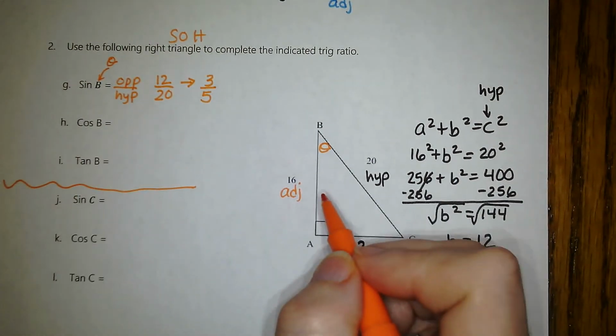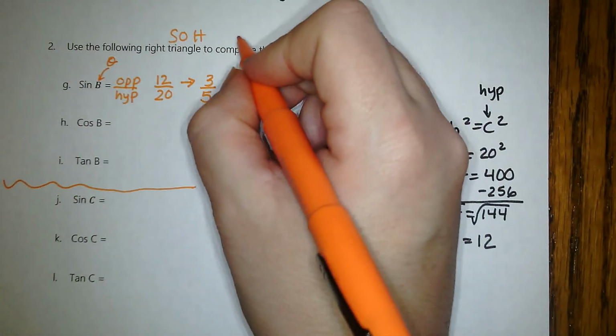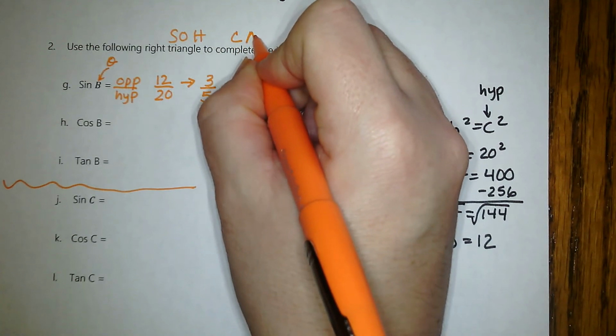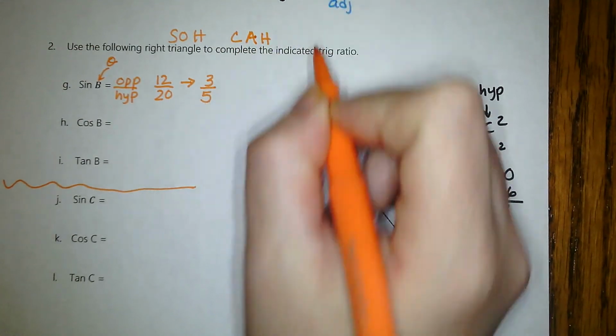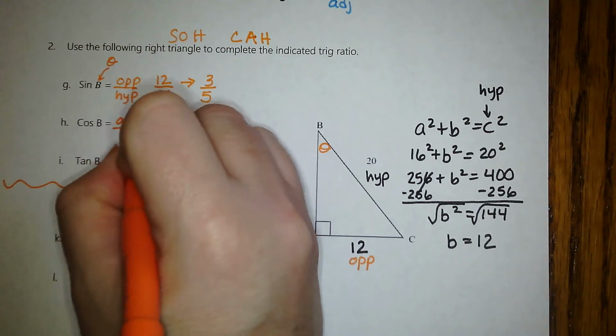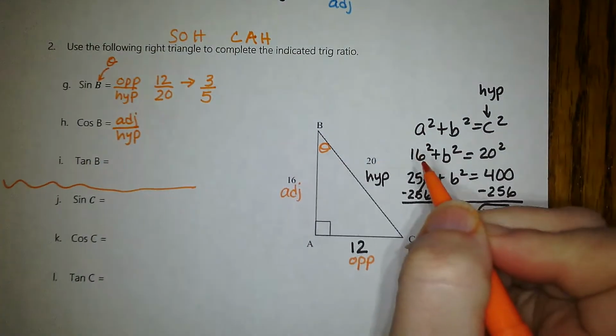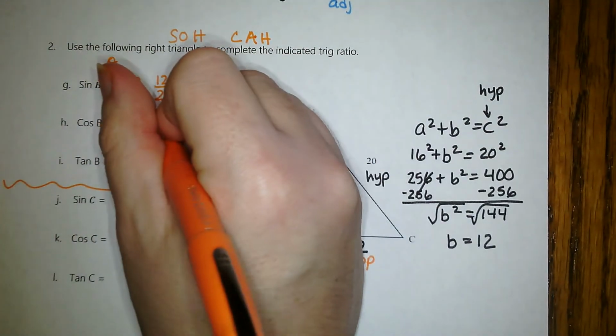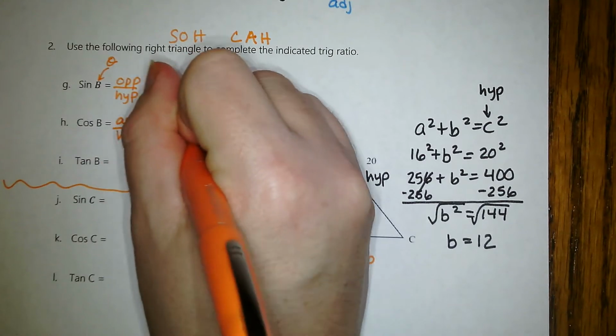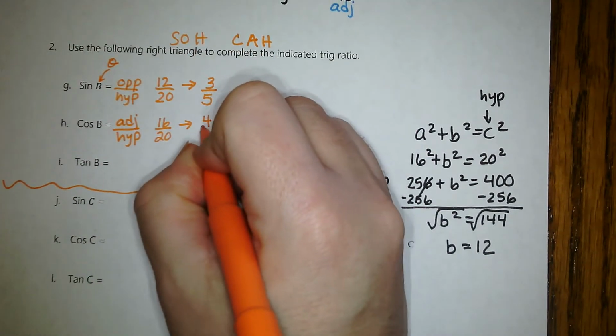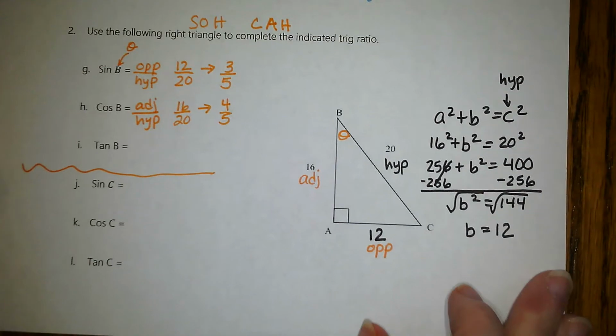Cosine B. Cosine is CAH. So I need adjacent over hypotenuse. That's 16 over 20. Divide top and bottom by 4, and you get 4/5.